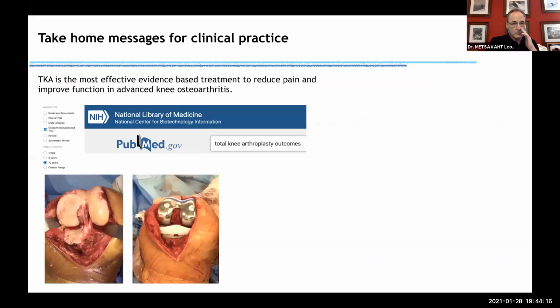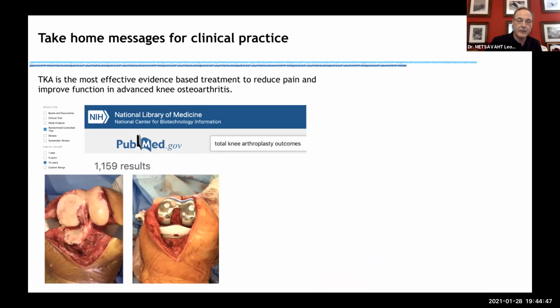And as a take-home message, I would say that total knee arthroplasty is the most effective evidence-based treatment to reduce pain and improve function in advanced knee osteoarthritis. If you put those keywords, total knee arthroplasty outcomes, in PubMed, you come out with 1,159 studies only for the past 10 years, and only with RCTs.